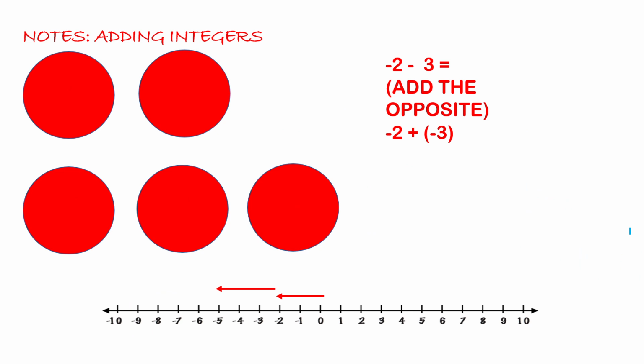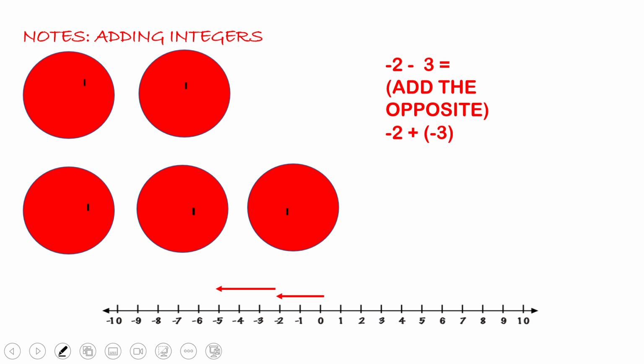Another example: we have 2 red chips in the negative, that's -2. We have 3 red chips in the negative, that's -3. Our equation builds right away with -2 minus 3. We're labeling that 3 negative because they're red chips, a negative value. You can change that so you can see that you're adding more negative to the -2.